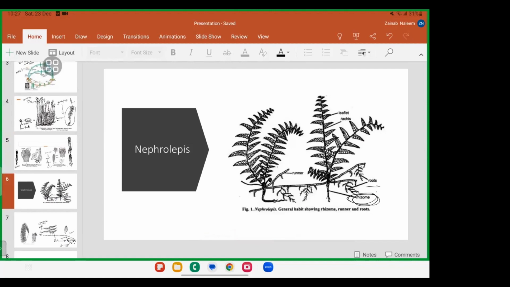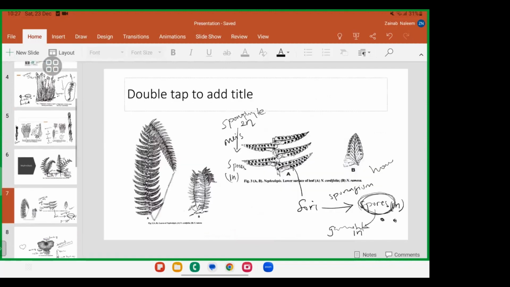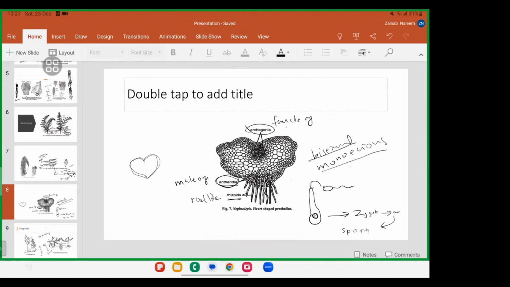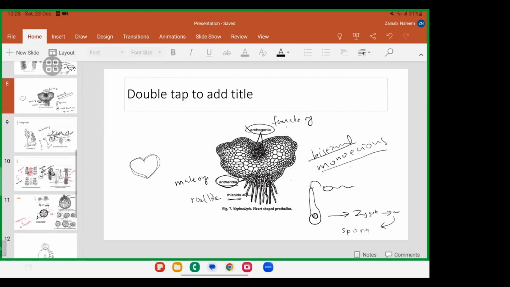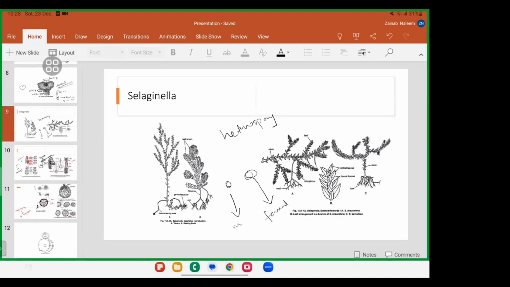The gametophyte is reduced and short-lived, even though it has the ability to photosynthesize and be independent of the sporophyte. So even though that guy has given up the post of the dominant, he is not ready to give up all of his abilities all of a sudden. He is photosynthetic. Moving to the Selaginella, the sporophyte is the dominant one, the gametophyte is the reduced one.